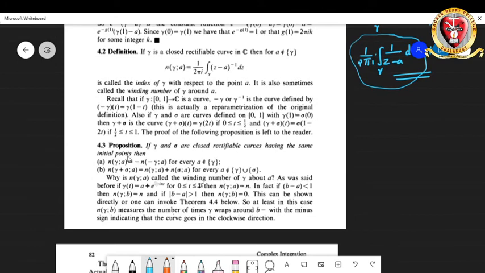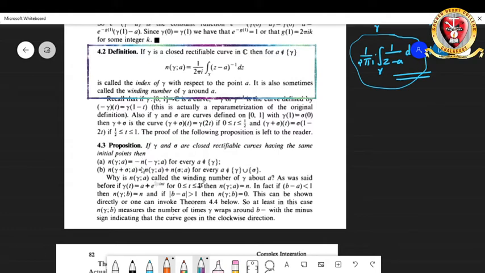And proposition 4.3 can be easily proved using the definition of this index number. And please note that the definition of the winding number or the index number is very important. Keep that in mind.